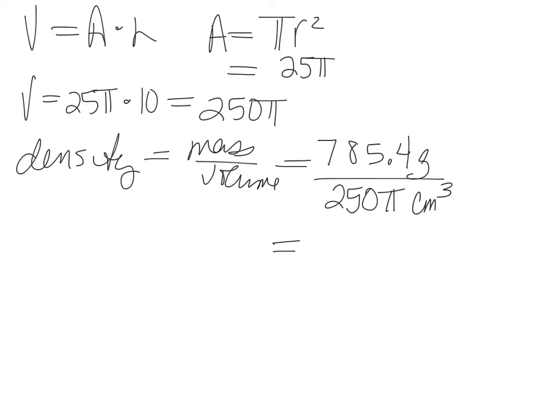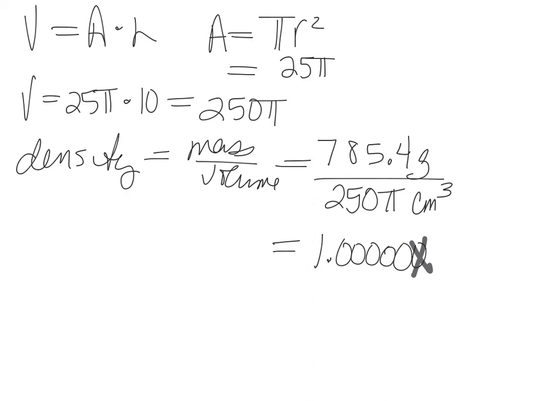So now I'm going to divide 785.4 divided by 250 and divided by pi. 1.00000. Oops, too many zeros. Oh gosh, that's not an eraser. Oh, bummer. I can't erase anymore. I only had 5 zeros in my calculator.